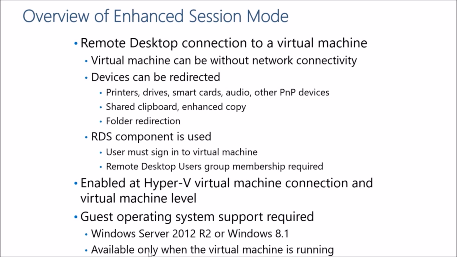The Remote Desktop Services component is used, but you must sign into the virtual machine; Remote Desktop Users group membership is required. Enabled at the Hyper-V virtual machine connection and virtual machine level, so that's something you have to go in and turn on. And the operating system you need within the guest is at least 2012 or Windows 8 or newer. Only available when the virtual machine is running, of course.